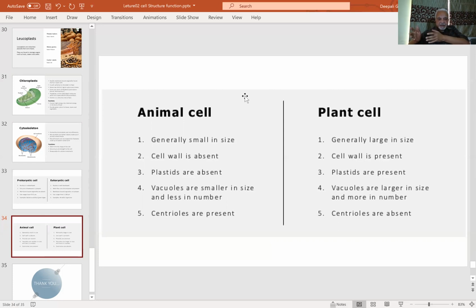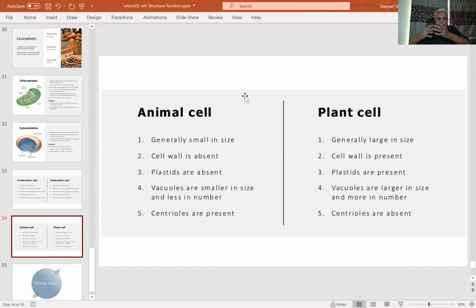And plant cells have chloroplast or presence of plastids, whereas in animals, plastids are absent. So if you have to give one or two differences between animal and plant cells, then cell wall and plastids. In addition, there are minor differences: size, smaller, bigger; vacuoles, smaller, bigger; centrioles present and absent, of course. So centrioles, plastids, and cell wall, you know.